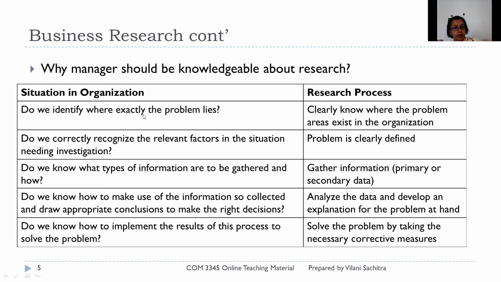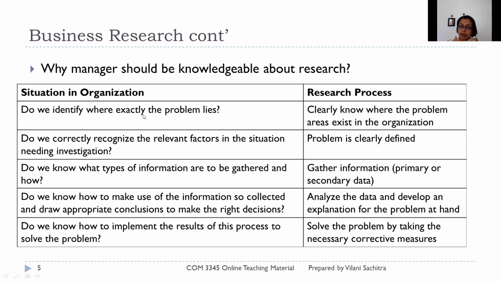So first situation, do we identify where exactly the problem is? Right? If the organization has a profit issue, that means they are experiencing a dropping profit, continuously for the last 3-4 years. Now they are having an issue. Their profit is not enough. Their profit is declining time to time. Then do we know exactly what the problem is?